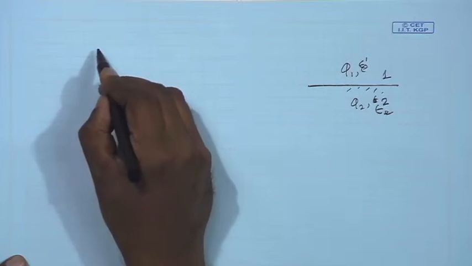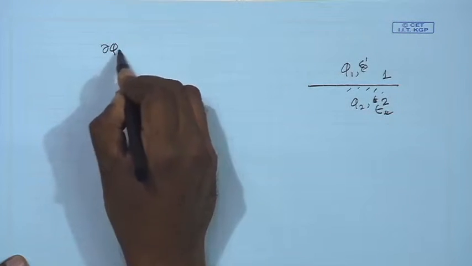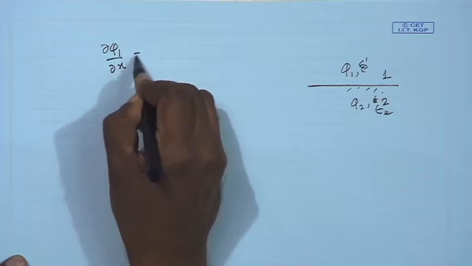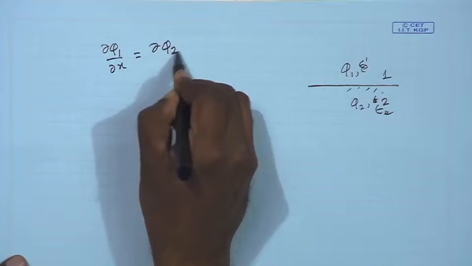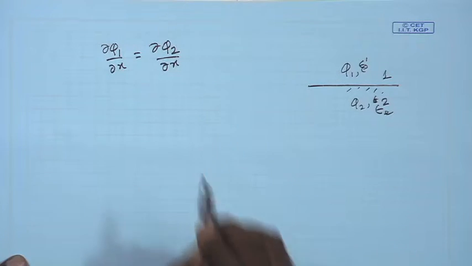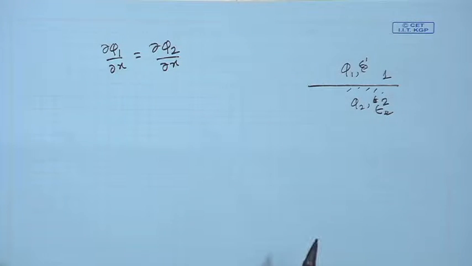So, we have already derived the condition del phi 1 del x equal to del phi 2 del x across the interface. This shows that the x component of the electric field is continuous.